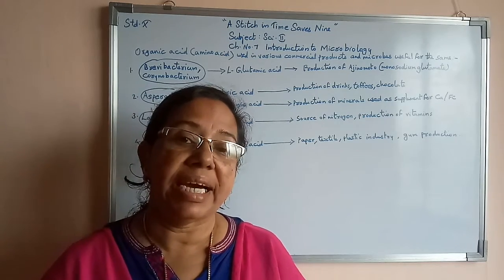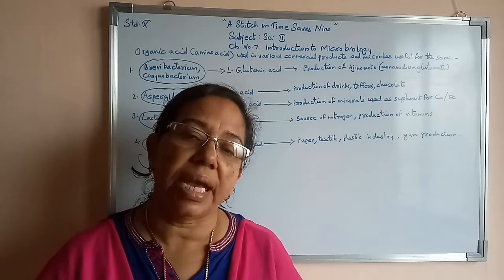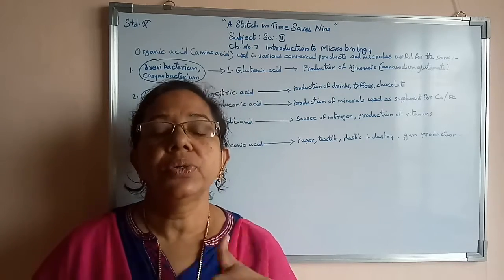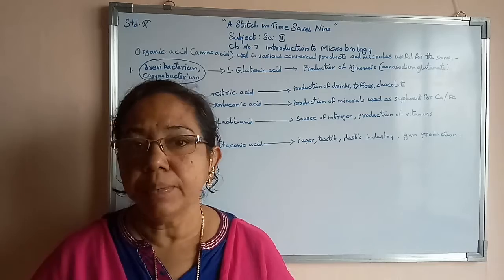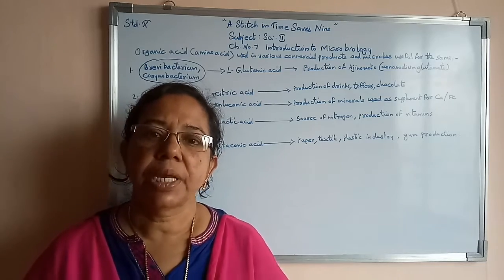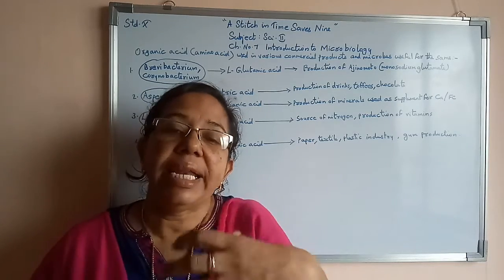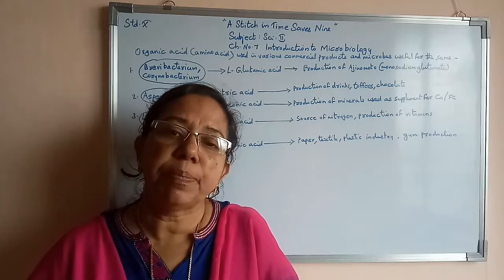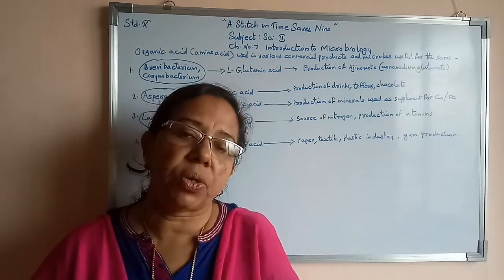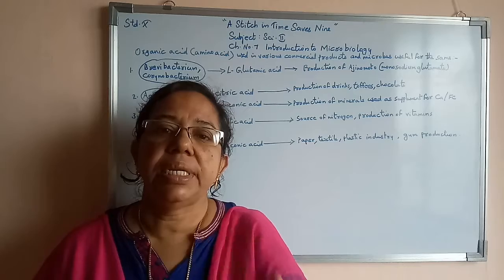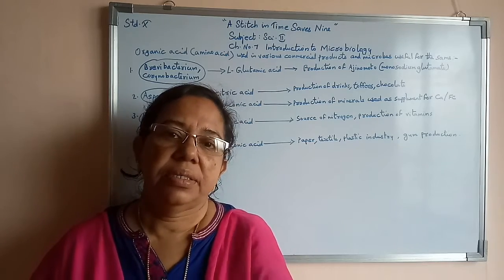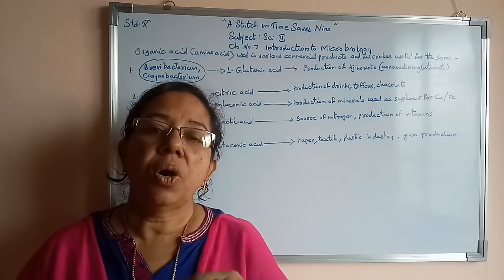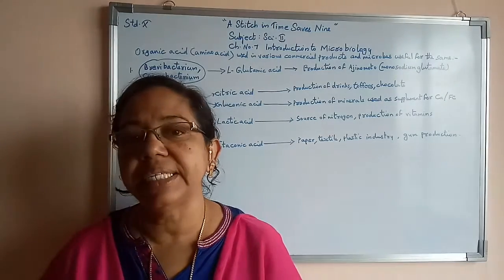These organic acids, which we can also call amino acids, are produced by different microorganisms. The organic acids produced by microbes are used in various industries, or for the production of various things.